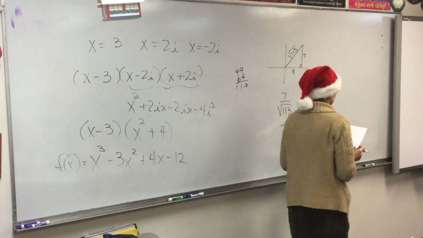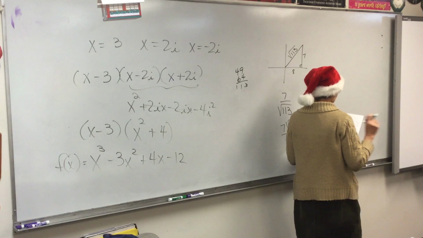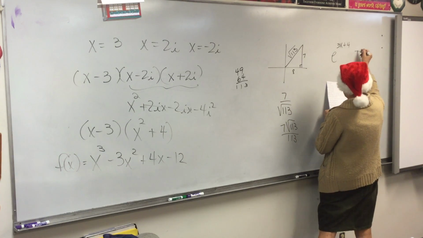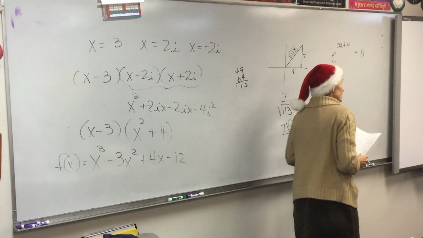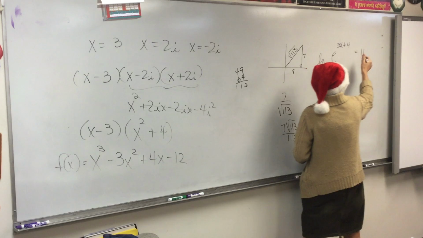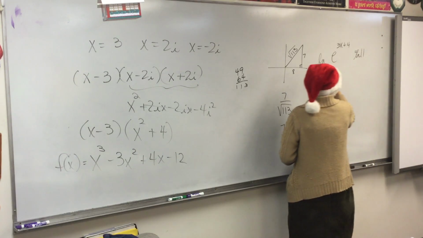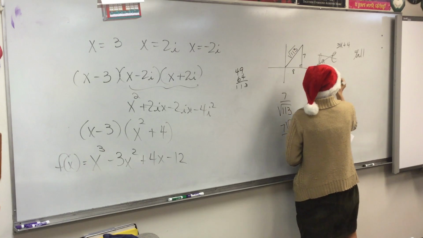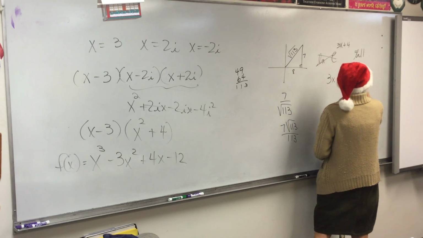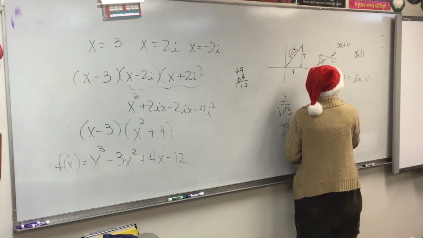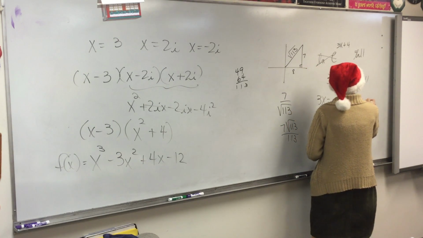Okay, number 10 has a little star by it. That means calculator. We need a calculator to do this problem. How do we do this problem? We take the natural logarithm of both sides. And anytime you have an ln and an e back to back, they cancel. So 3x plus 4 equals ln 11. Minus 4. And 3x equals ln 11 minus 4.